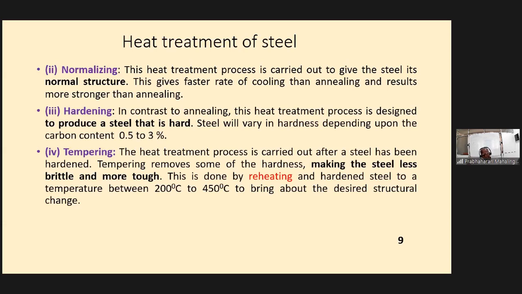Hardening makes the material hard, for example for a cutting tool, say a knife, the edge of the knife should be hardened, then only it doesn't break at the time of working. Therefore, hardening is important, but steel will vary in hardness depending upon the carbon content.